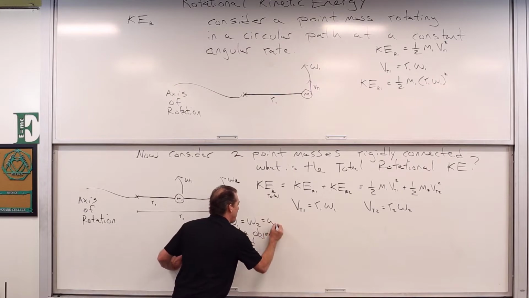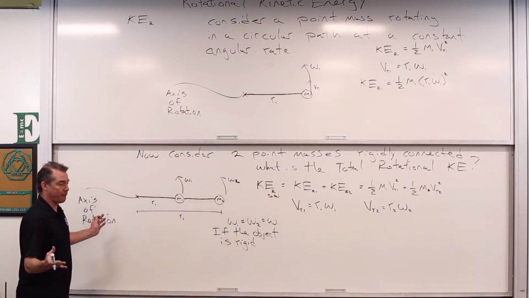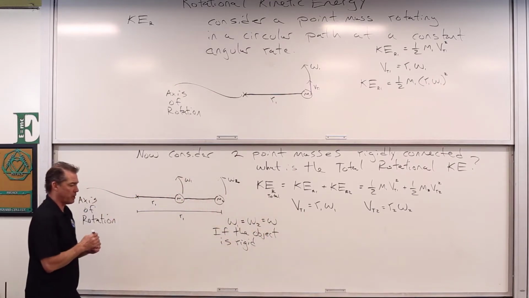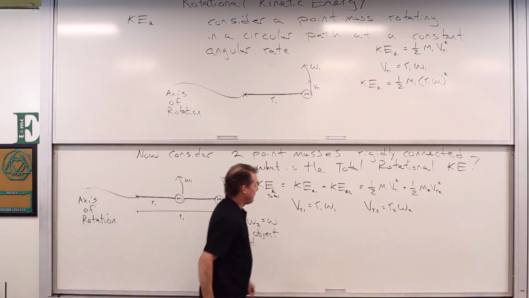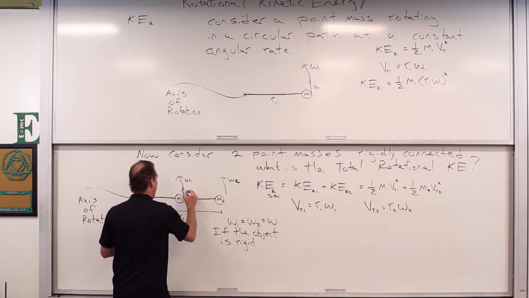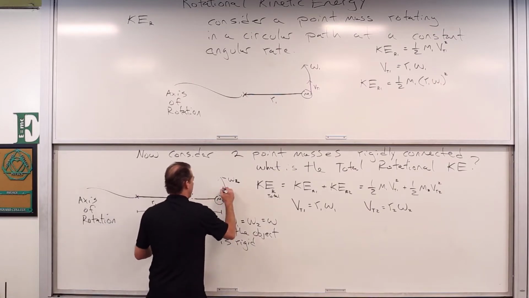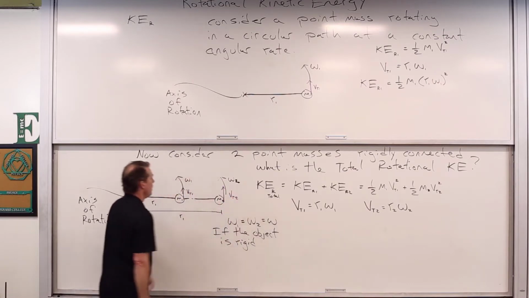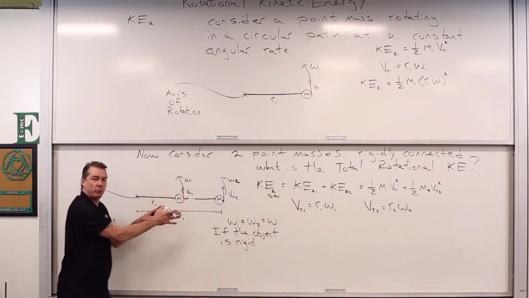So we don't really need to make a distinction between those omegas if it's a rigid object. But there is a distinction to be made between the actual tangential speeds, right? We have V tangential 1, we have a V tangential 2. Which object's moving faster through space?